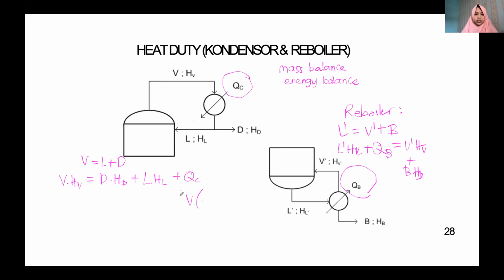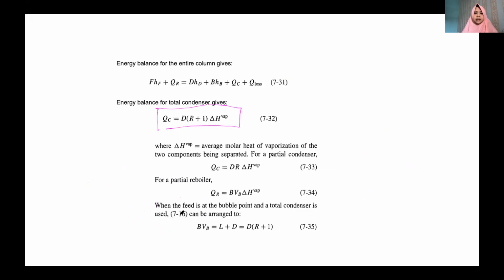Sorry, we got this one already, and then maybe we put R, the reflux ratio, equal to L over D. With that, it will give this one. So we need to know the average molar enthalpy. What is the average?